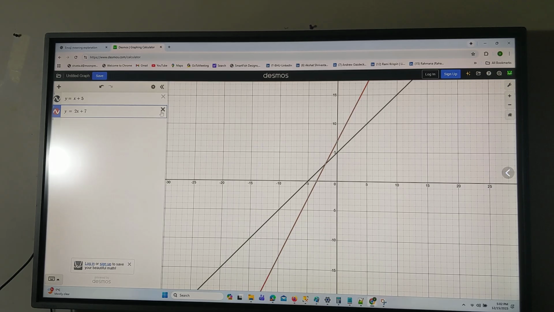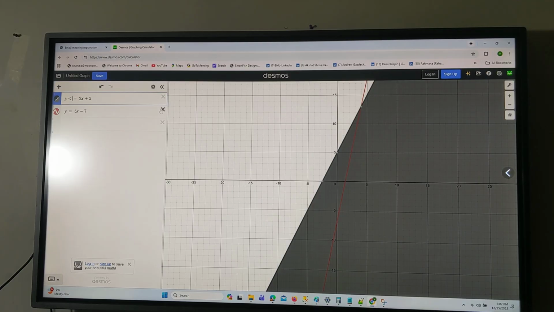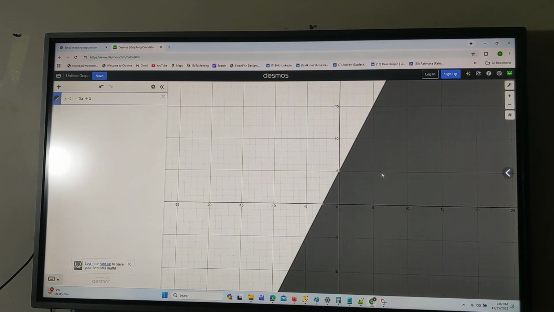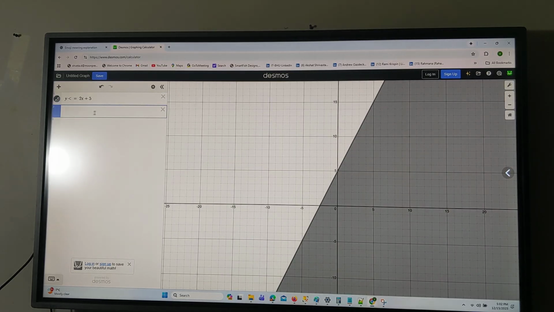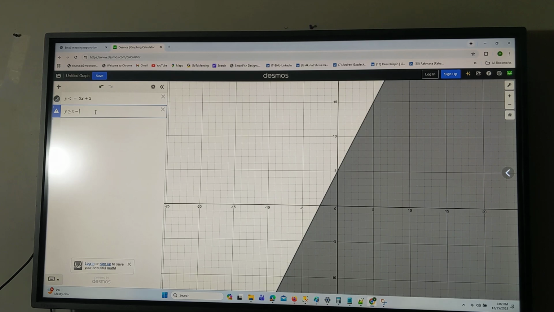Let's say we have another set of two lines: one is 2x + 5, another is 5x - 7. I want to find the region represented by a straight line. This one covers the region where y is less than 2x + 5, and I want to find another region where y is greater than or equal to x - 7.